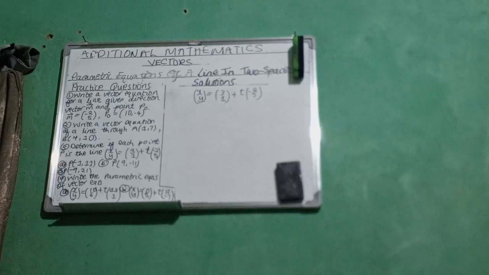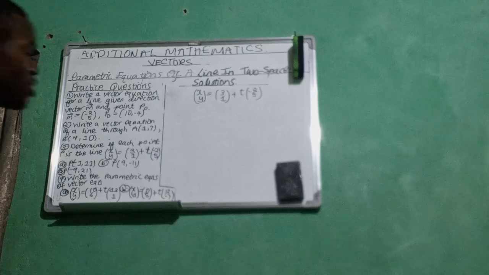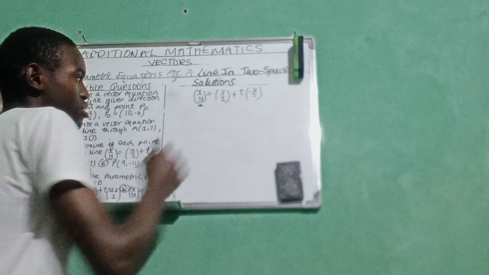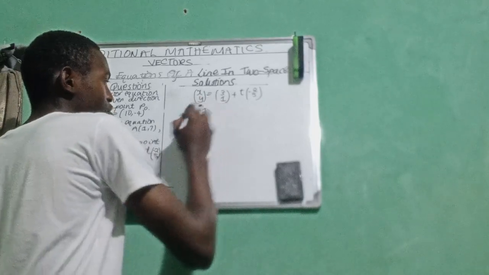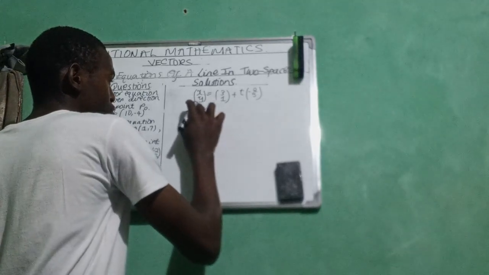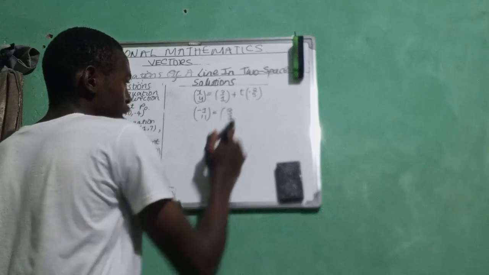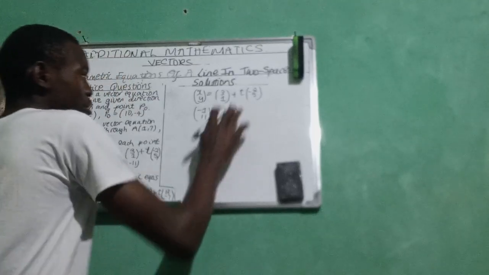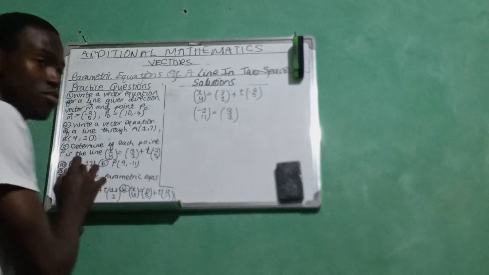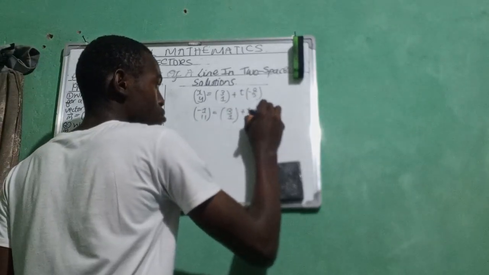Let's start with A. A has P (-1, 11). So in place of x, y on the side of the vector equation, we put -1 representing the x component and 11 the y component. Then it is equal to (3, 1) plus t times (-2, 5).